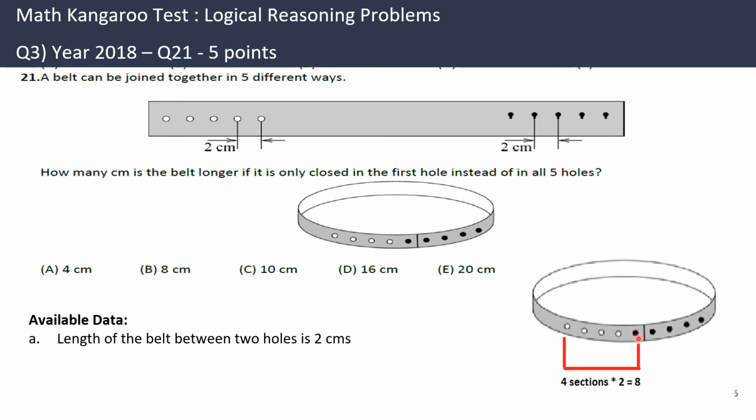So these 4 sections multiplied by 2, we get 8. And that's the answer for this question. The option is B, and the belt has gone 8 centimeters longer when the hook is put in the first hole instead of the 5th hole. That's our answer, kids.